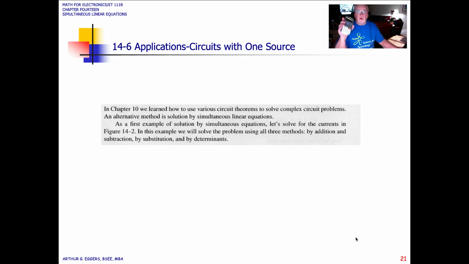Again, check out your computer, your calculator. I know that there are determinant functions in the calculators. Pull out your book and go through and determine how to create them.